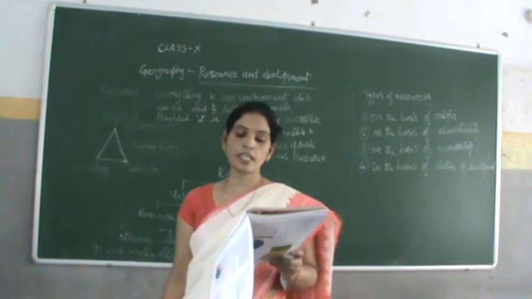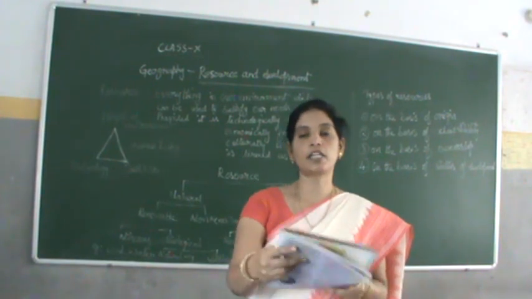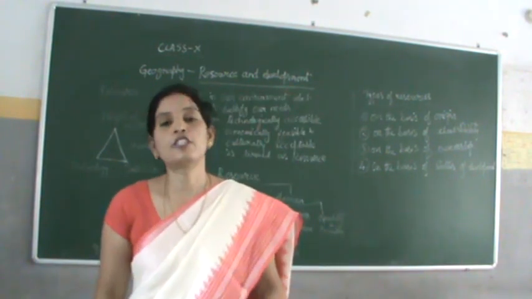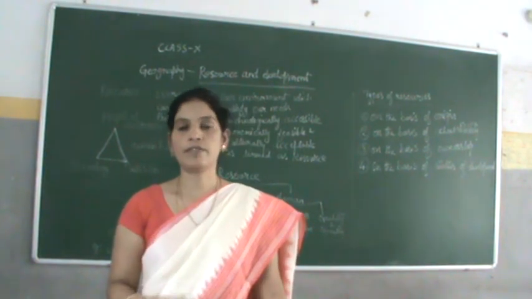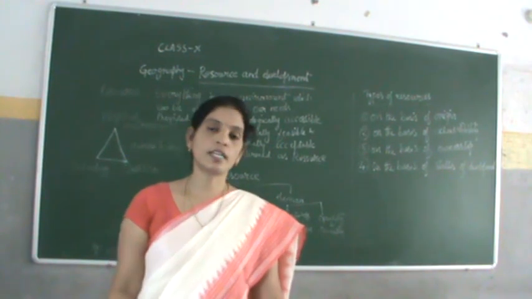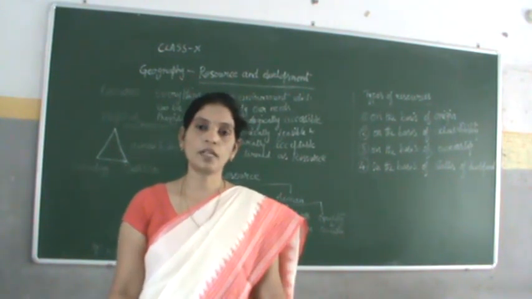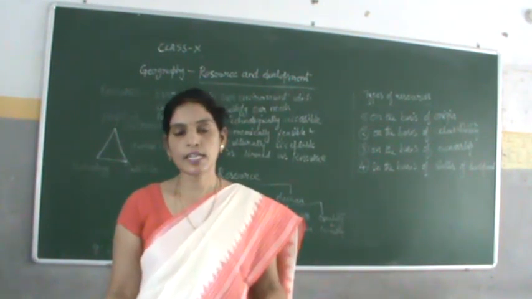The next process is evolving a planning structure with appropriate technology, skills and institutions. Whether the technology is available, whether skilled people are available, whether institutions are created for this development should be taken into consideration. This is the second step.